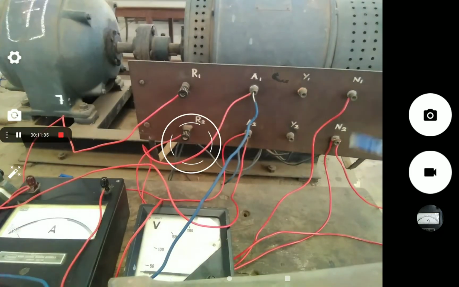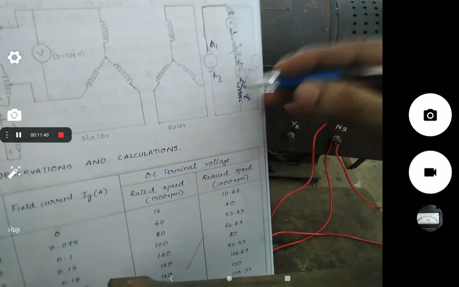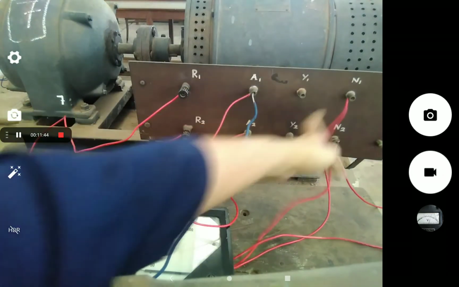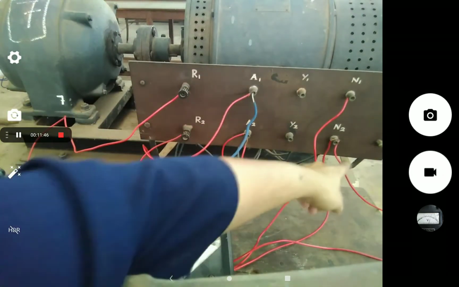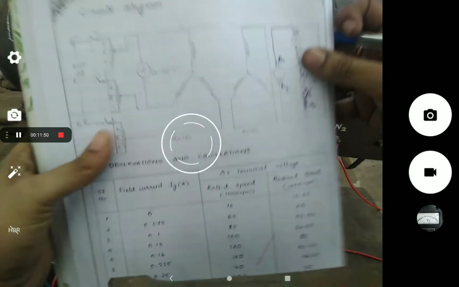Take a wire from R2 to N1. Connect it to N1. Then take a wire from N2 and close this loop.